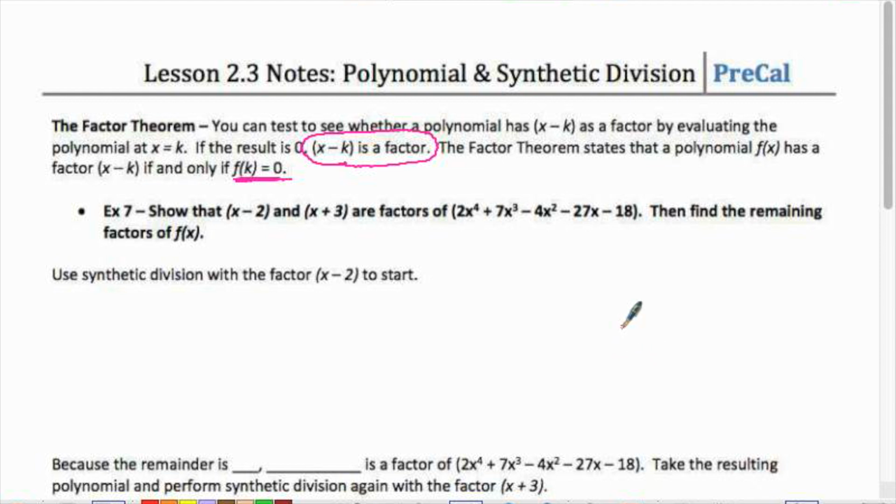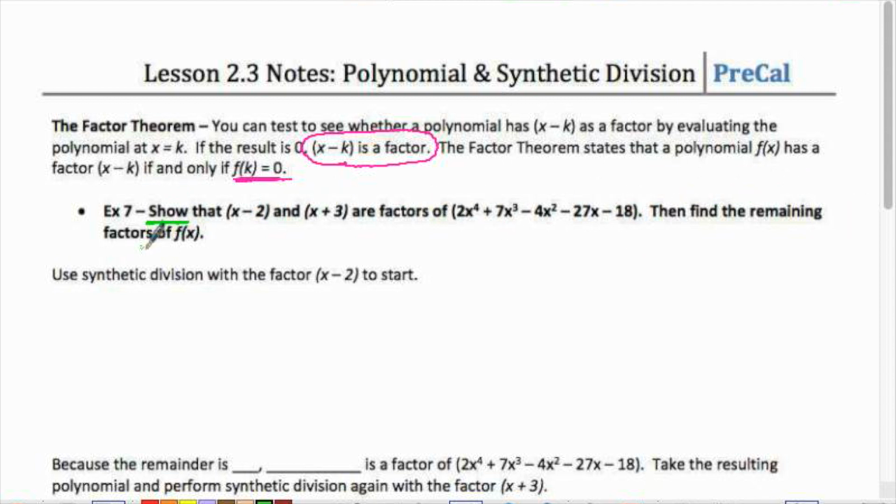So we're going to evaluate using synthetic division and recognize that when we do the division, when we get a remainder of 0, what we divided by is actually a 0 of the polynomial, which means we know a factor. So this says show that x minus 2 and x plus 3 are factors of our polynomial here.